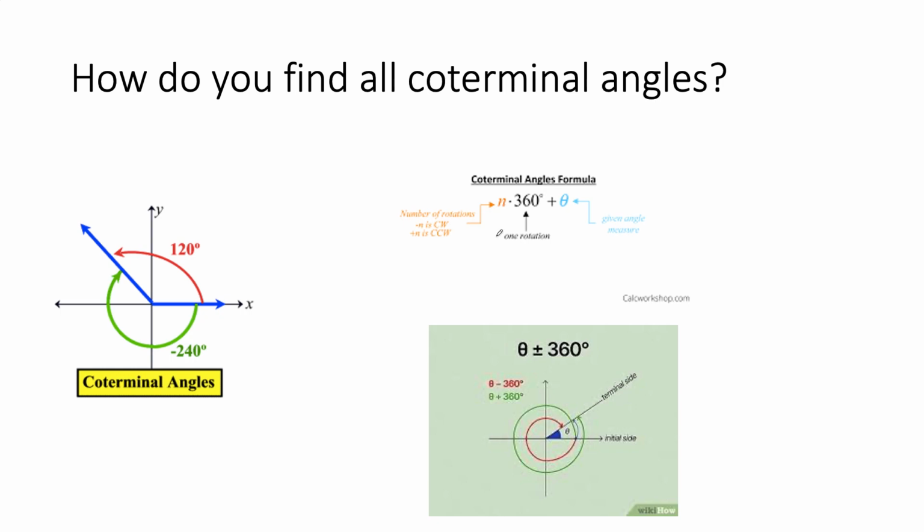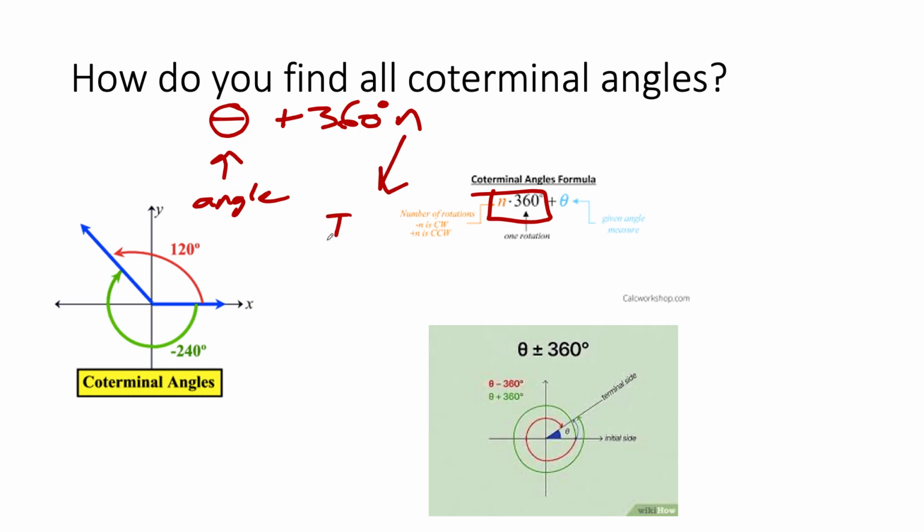All coterminal angles, we just showed that. We can take any angle theta. So this is some angle, it's just taking the place of an angle. And we can add on 360 degrees times n. N is going to be an integer, so it can be 360 times 1, 360 times 2, 360 times 3. That just means you're going around the circle again.